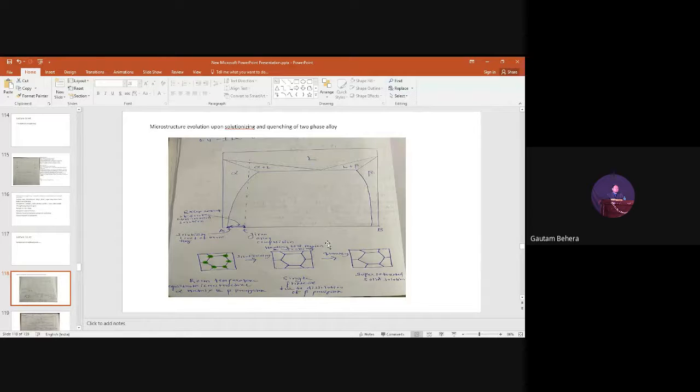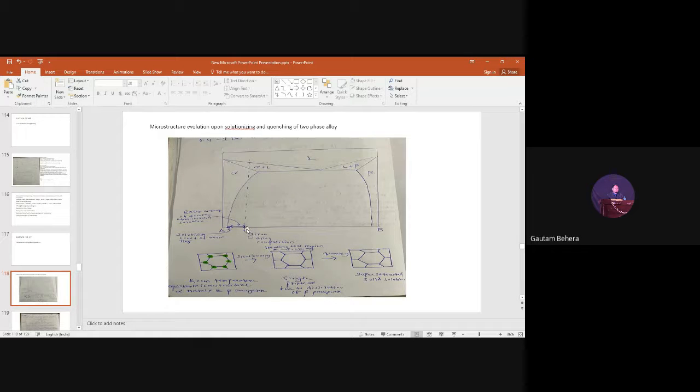So I think you have understood up to this. That means what? It is written over here. Just look at this figure. From this part to this part, you understand, at room temperature the solubility limit is this much only.